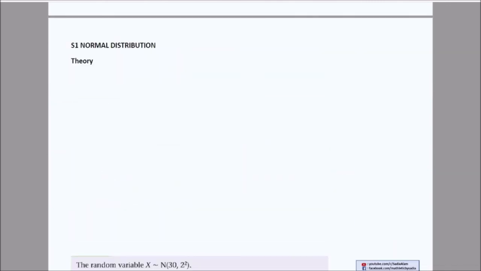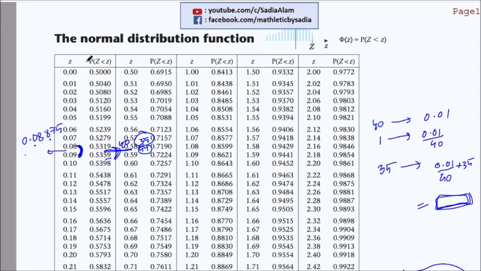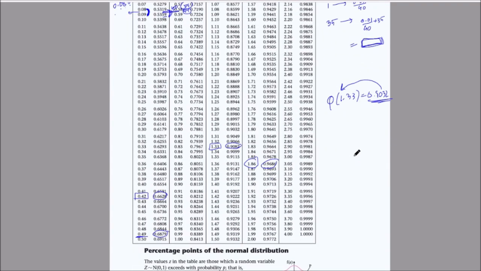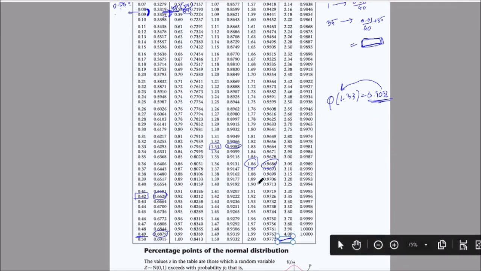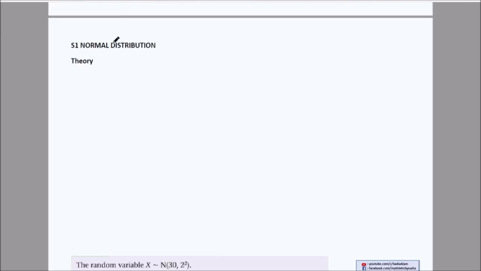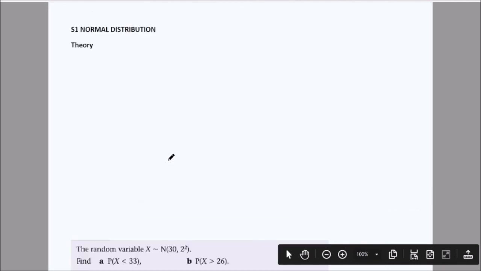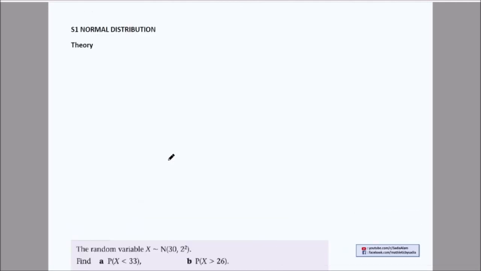The table is limited for a certain range of values, like z has to be between 0 to 4, right? So if we need values like x is less than 33, it's supposed to be phi of 33, right? But we do not have the value of 33 in the table. So for any random variable we need to convert them into the standard variable z. Only then we can actually get the value from the table.